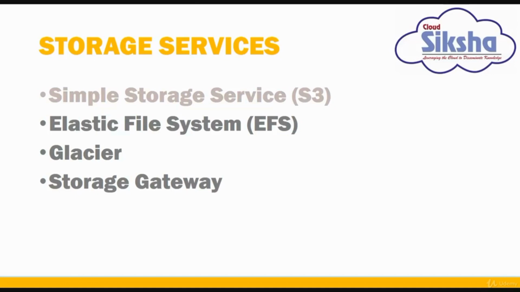We then have the Elastic File System. EFS provides simple, scalable file storage which can be used with Amazon EC2 instances in the cloud. It offers a very simple interface that allows you to create and configure file systems quickly and easily.